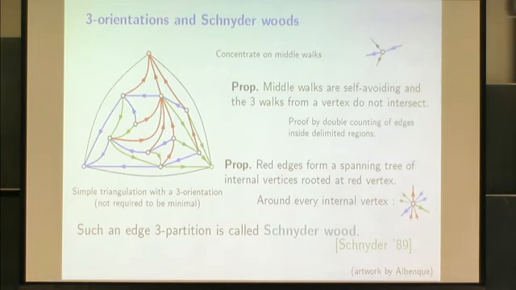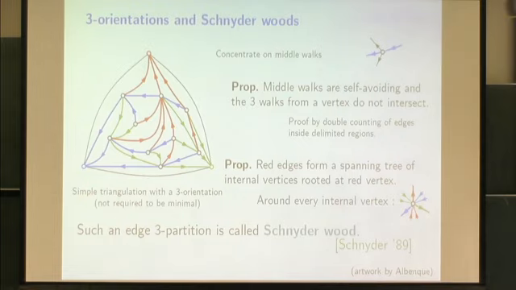So I have a red tree which is rooted at the top vertex, a blue tree which is rooted at the left vertex, and a green tree which is rooted at the right vertex. More precisely, you can check that, just by definition, by the fact that I use these middle walks, at every internal vertex I will have this configuration, a blue, a green, and a red edge, and then incoming blue edges are in the opposite corner to the blue outgoing edge, and so on.